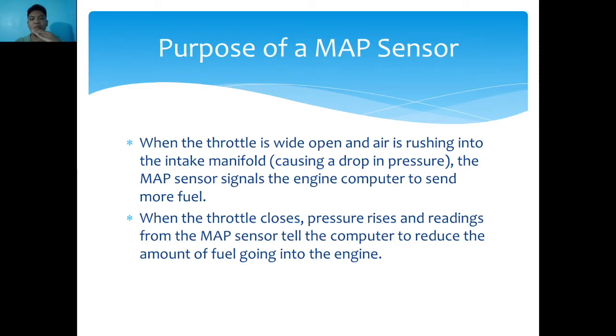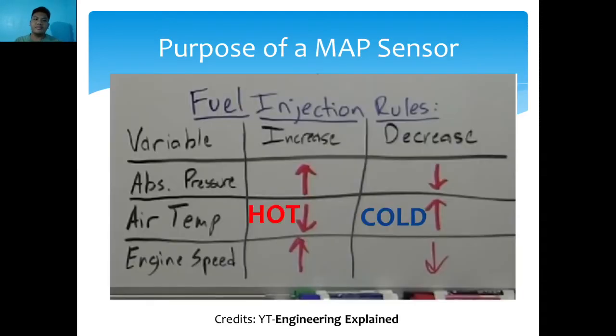So once you open that throttle plate, air will come rushing in and the vacuum will suddenly drop, which signals the MAP sensor to send more fuel to each cylinder. And vice versa, when you close the throttle plate, the vacuum will return in the intake manifold.